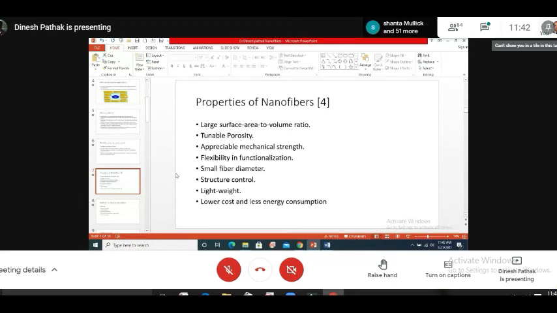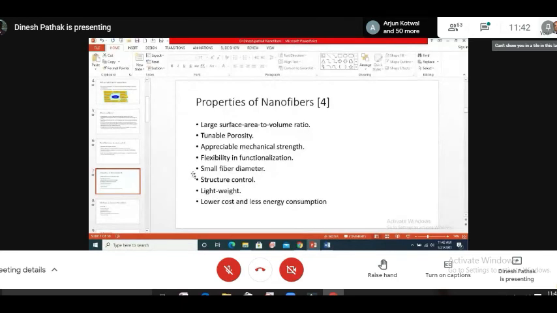If we wish to filter water, we need a nanofiber with different porosity. So every application requires a different porosity, and it can be tuned by controlling the experimental conditions during the fabrication of nanofiber.